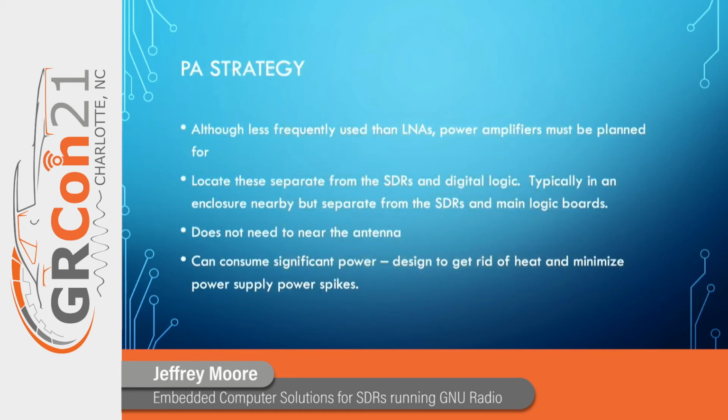Similar to the LNA, if you have a power amplifier, you need to do similar kinds of things. Locate those externally from the main board, away from the digital logic, so that power doesn't interfere with the digital logic in reverse, and provide whatever power you need out those same connectors.